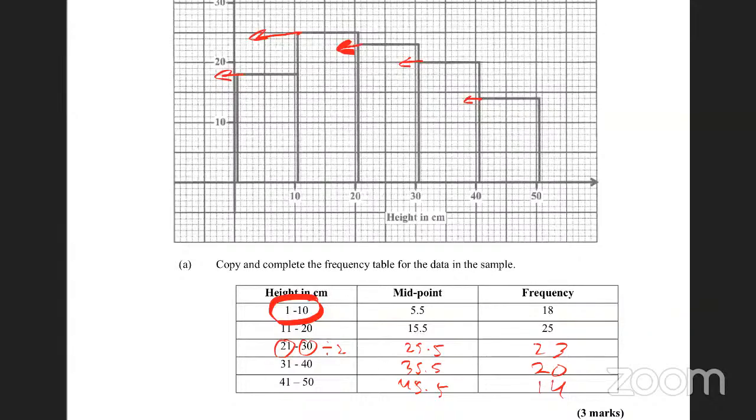You also need to remember how to do the reverse, right? The frequencies will give you the height, and the boundaries will give you the range down here. Please do not plot 1 to 10. What do you plot? You're going to plot 0.5 to 10.5.